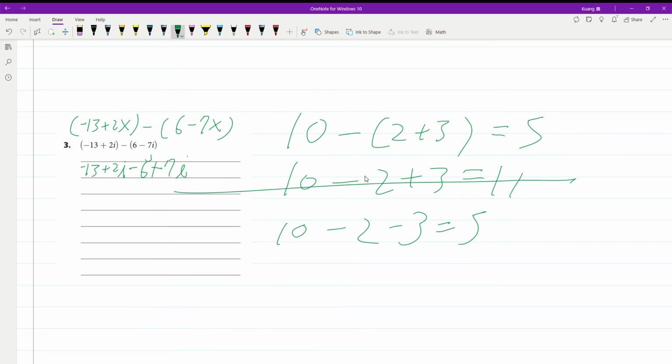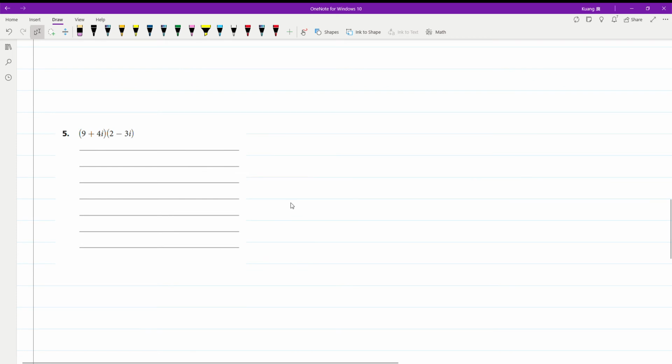Terrible. And next, multiplication. Again, if you can do 9 plus 4x times 2 minus 3x, then it should be no problem for you. Just remember, there is the big rainbow, small rainbow. So 9 times 2 gives you 18, right? And 9 times negative 3, remember, you include the negative, so it should be negative 27i.